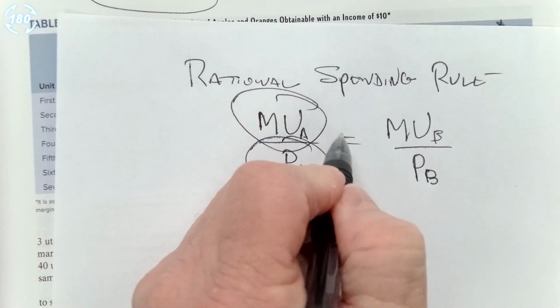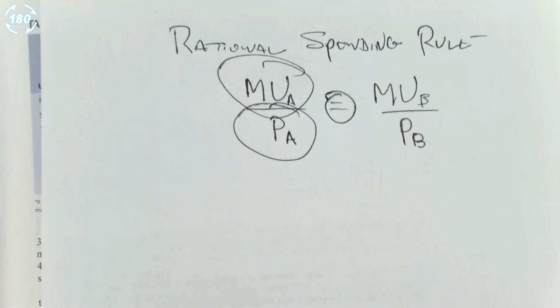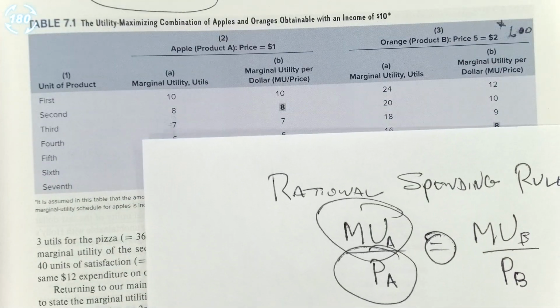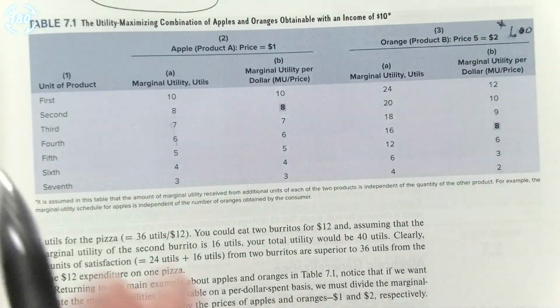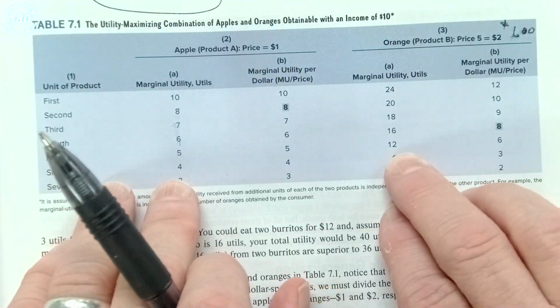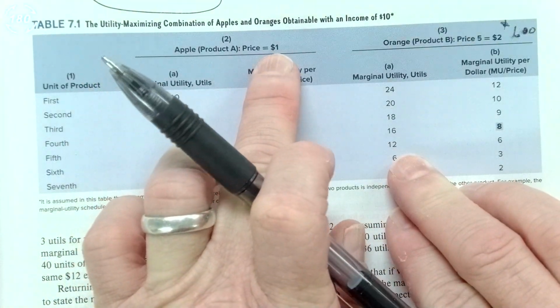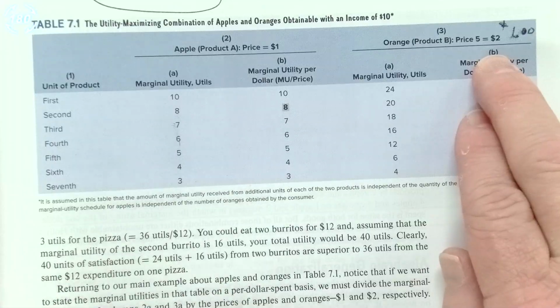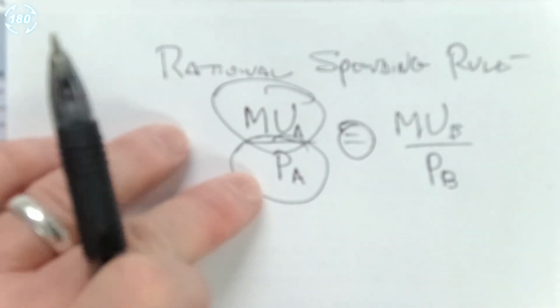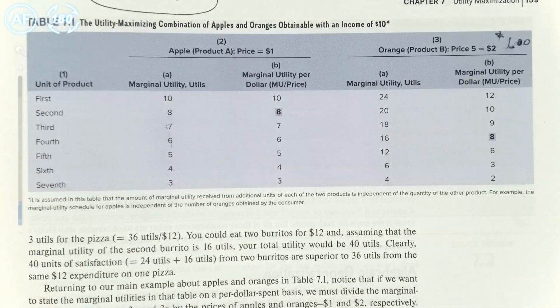Until that point, you'll probably have a disequilibrium. We have marginal utility, and you divide by the price. The price of an apple is $1 and the price of an orange is $2. So you take each marginal utility and divide by the price, constructing marginal utility per price for each unit of the good that you could potentially consume.